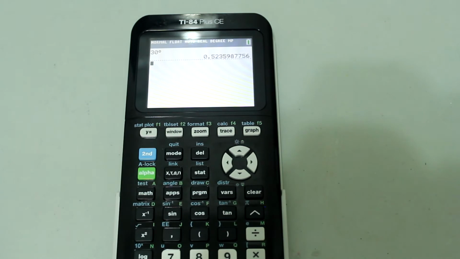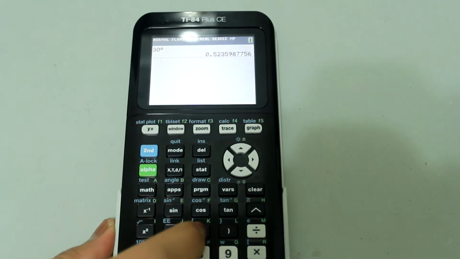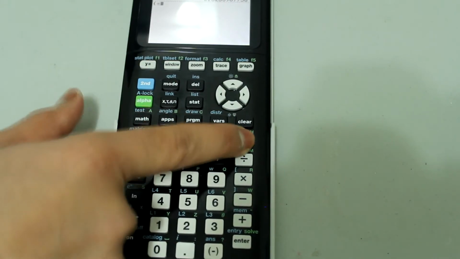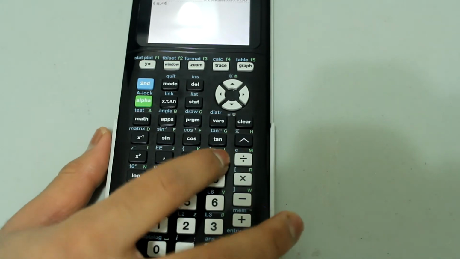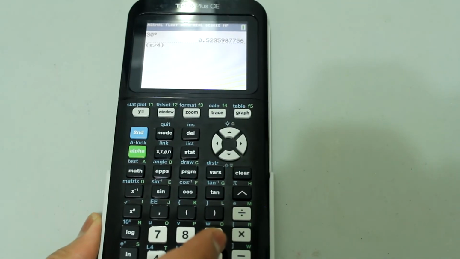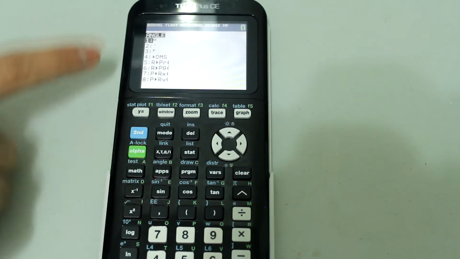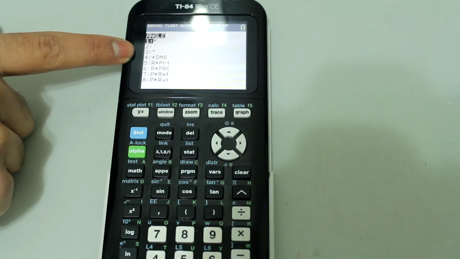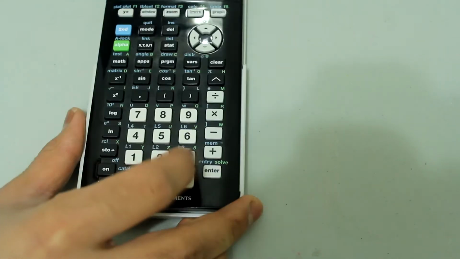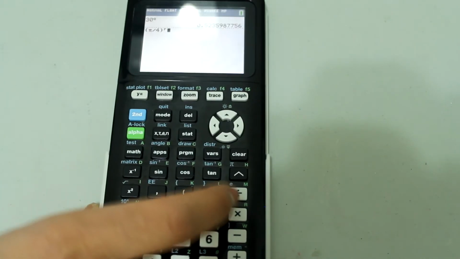Now let's say we want to convert pi over 4 to degrees. So we're going to have to use parentheses here. So open parenthesis, then pi divided by 4, and then we're going to do second apps to choose angle. This time we're going to select the third option, which is R. So press 3 on the number pad and this shows up.